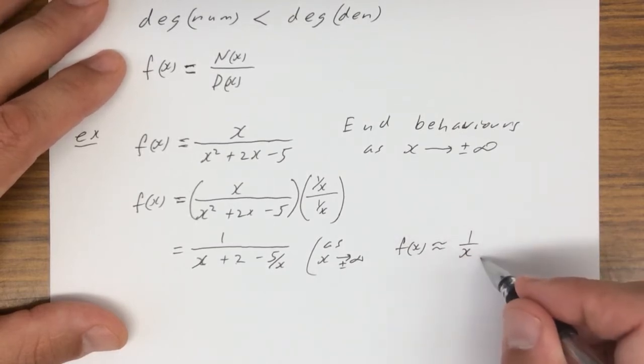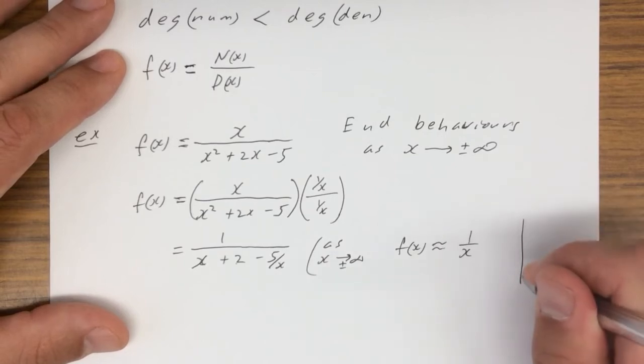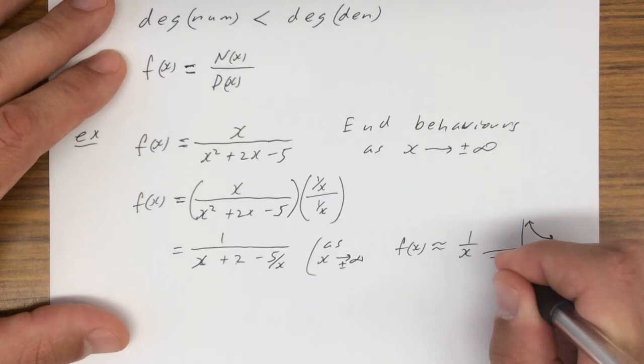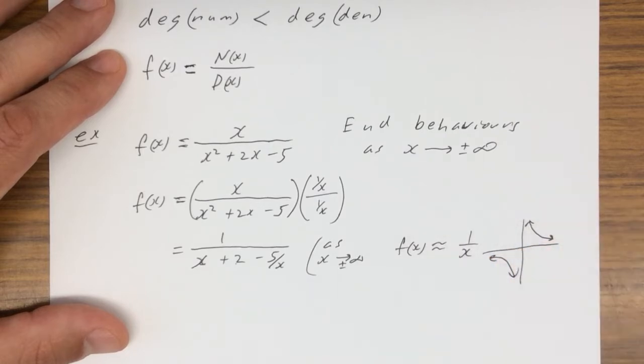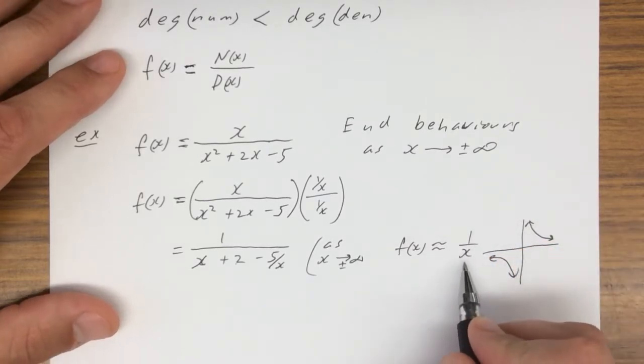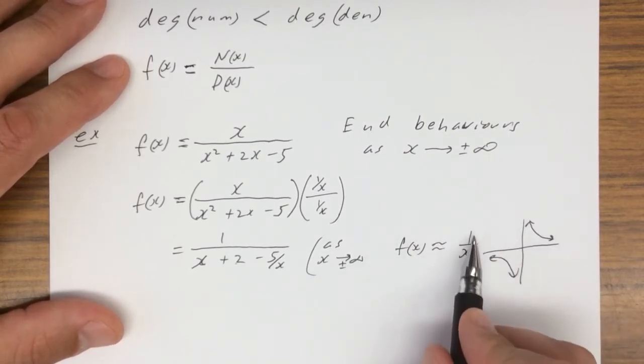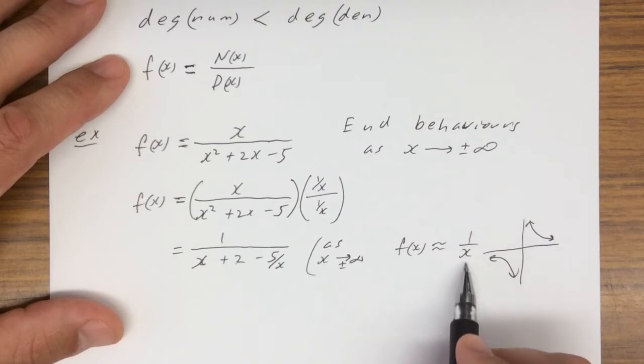And we know the end behavior for this. The graph of that is like that. So whenever the degree on the bottom is greater than the top, we're going to end up with either 1 over x or 1 over x squared.